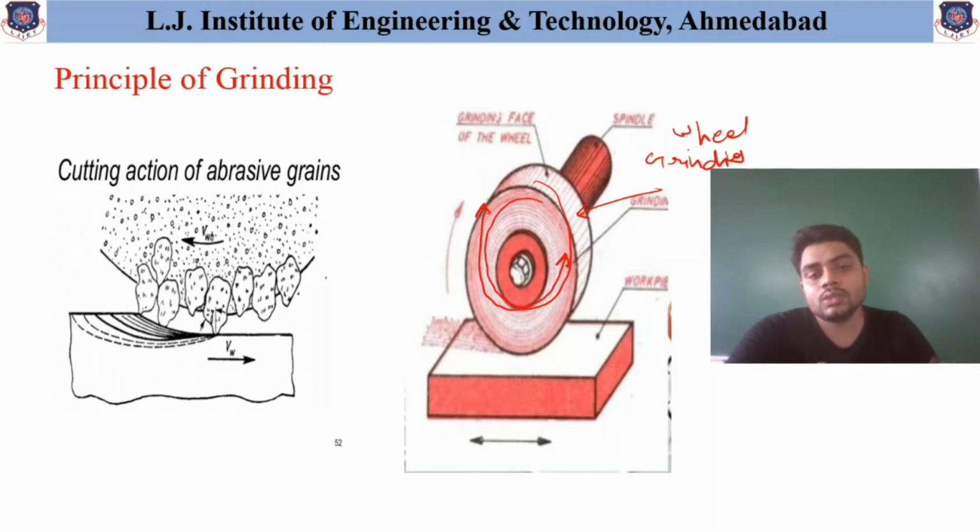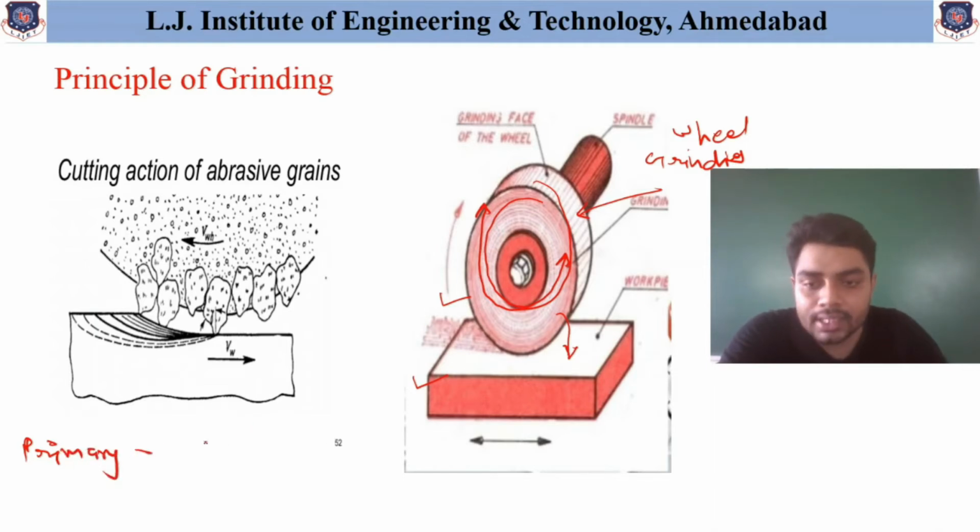So clockwise or anti-clockwise rotation is necessary for this grinding wheel, and then this grinding wheel is applied on the workpiece surface, and as it rotates, due to friction between this workpiece and the grinding wheel, material removal starts.